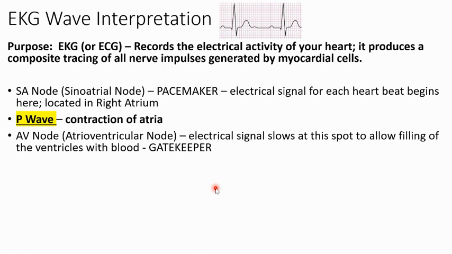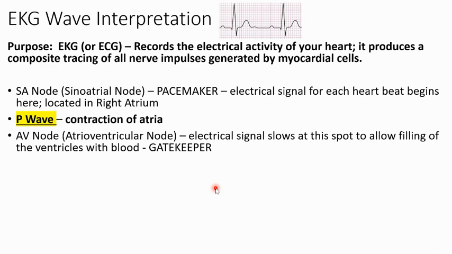So if you don't slow the electrical signal down, the entire electrical system is going to go through the entire heart, and the atrium are still contracting. Okay, that's not going to do any good. So you're going to have like the atrium and the ventricles contracting on top of each other. Blood's not going to go anywhere. So the AV node, the gatekeeper, is going to pause that electrical signal to let the contraction catch up with it.